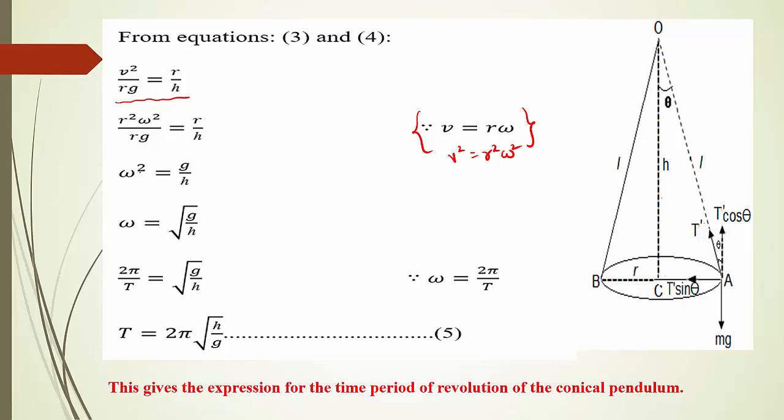One R will get cancelled. So omega square equal to g divided by H.